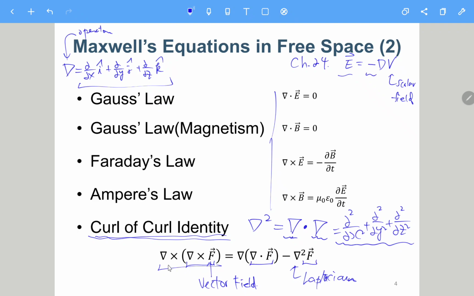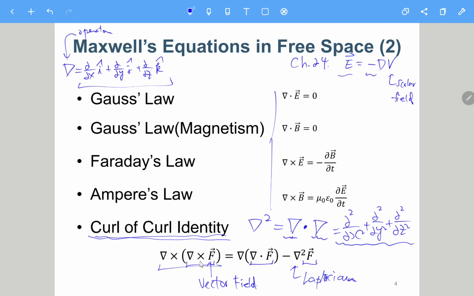So you might ask why this is correct. This is not a math class, so you can try to believe it is true. But if you don't believe it, you can try to verify it by yourself.